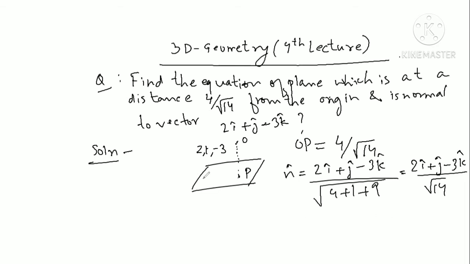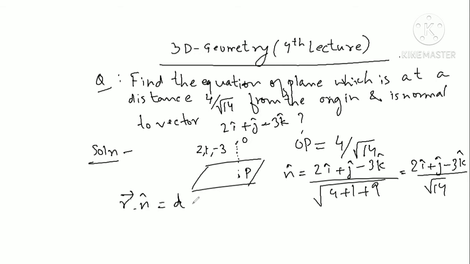Okay, so now we can write the equation of the plane like this: r vector dot n cap is equal to d.